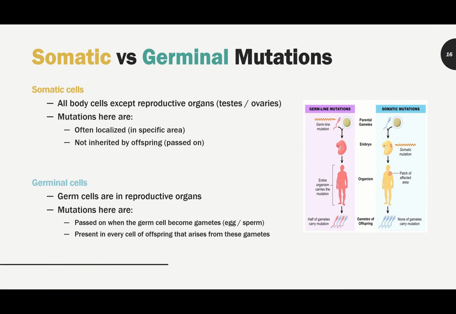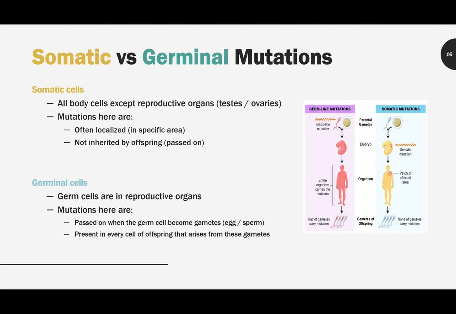A sperm or an egg would be a germinal cell, it would not be a somatic cell. Any mutation in your somatic cells is localized. It is in a specific area and is not inherited by offspring.